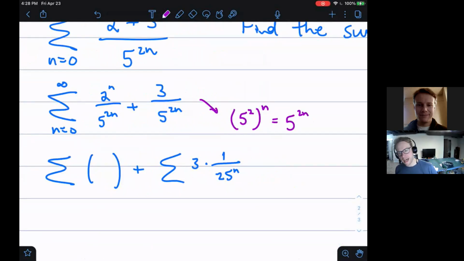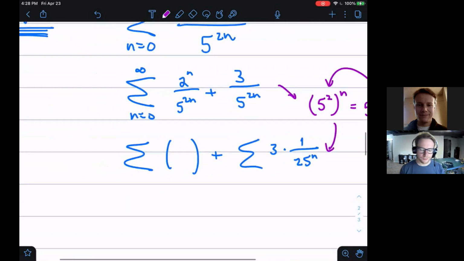But in this case, it actually has value because of how our formula works to rewrite it this way: take that 5 to the 2n and rewrite it as 5 squared raised to the nth power. And of course, 5 squared is the same thing as 25. So that's going to help us evaluate that one.